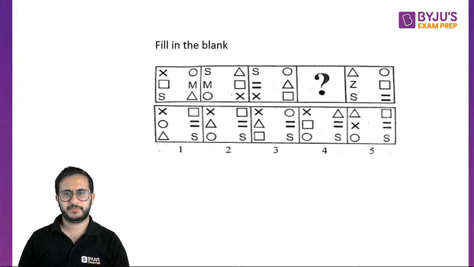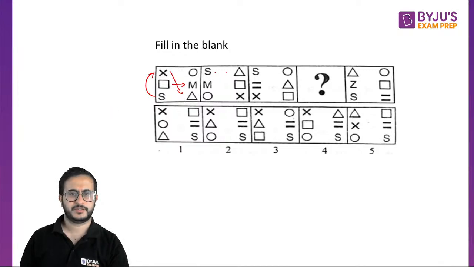Let us check element by element what has happened. X has moved to this place, but S did not move. This moved opposite. This moved this side, and this moved cross. S went this side.